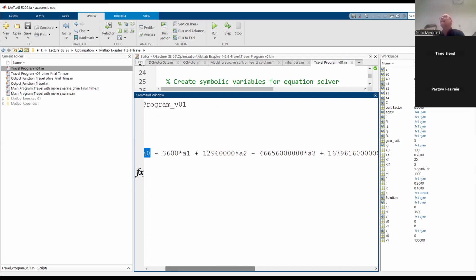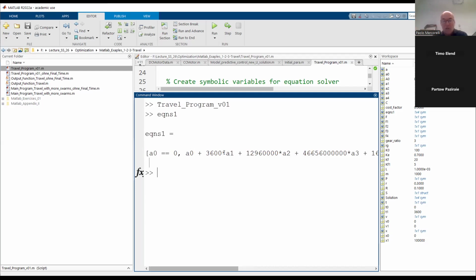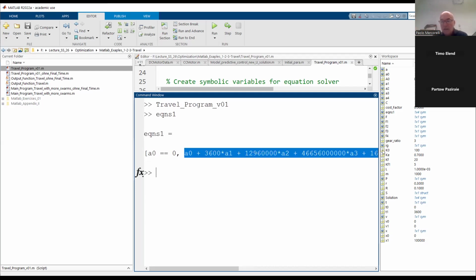This means that each unknown can be calculated as a function of this fifth parameter. Anyway, we can see that here we have the second condition.